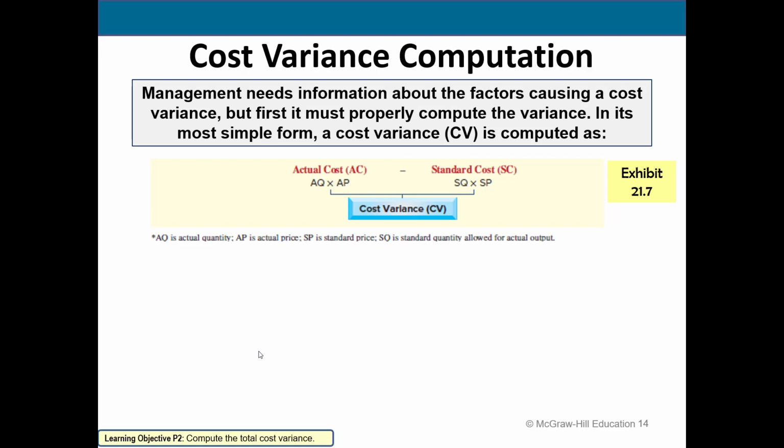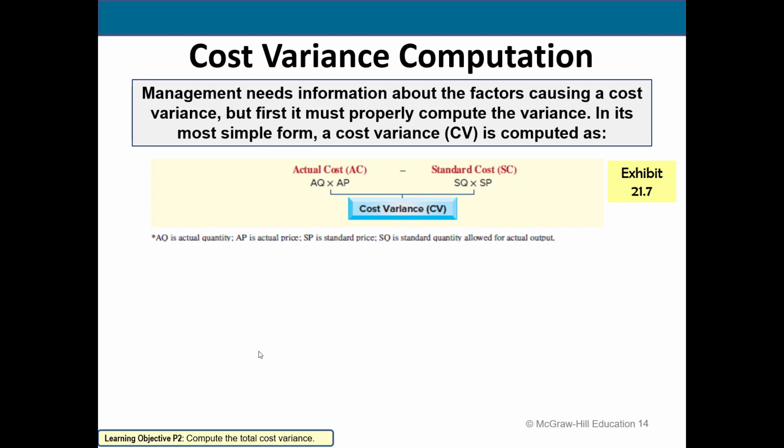Then we separate the cost variance into its components. Actual quantity, or AQ, is the actual amount of material or labor used. Standard quantity, or SQ, is the standard amount of input for the actual quantity of output. We'll look at examples.